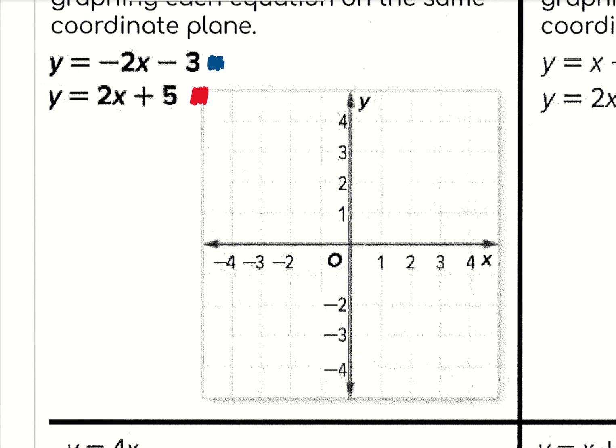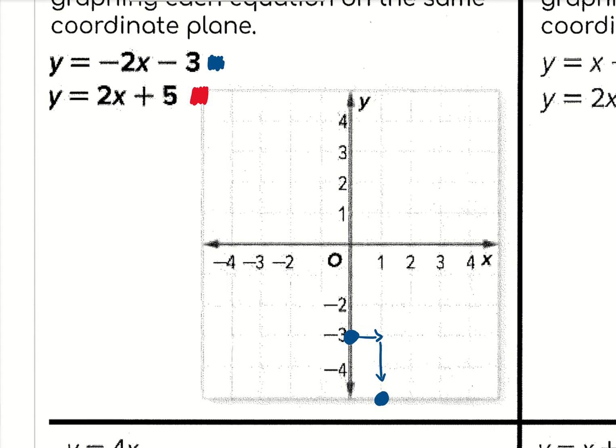Okay, so for the first one, I'm going to look first at my y-intercept. That's negative 3. I'm going to put a point there, and then I am going to put points so that we have rise over run is negative 2 over 1. So from where I started at that negative 3, we're going to go over 1 and down 2 to this point right here.